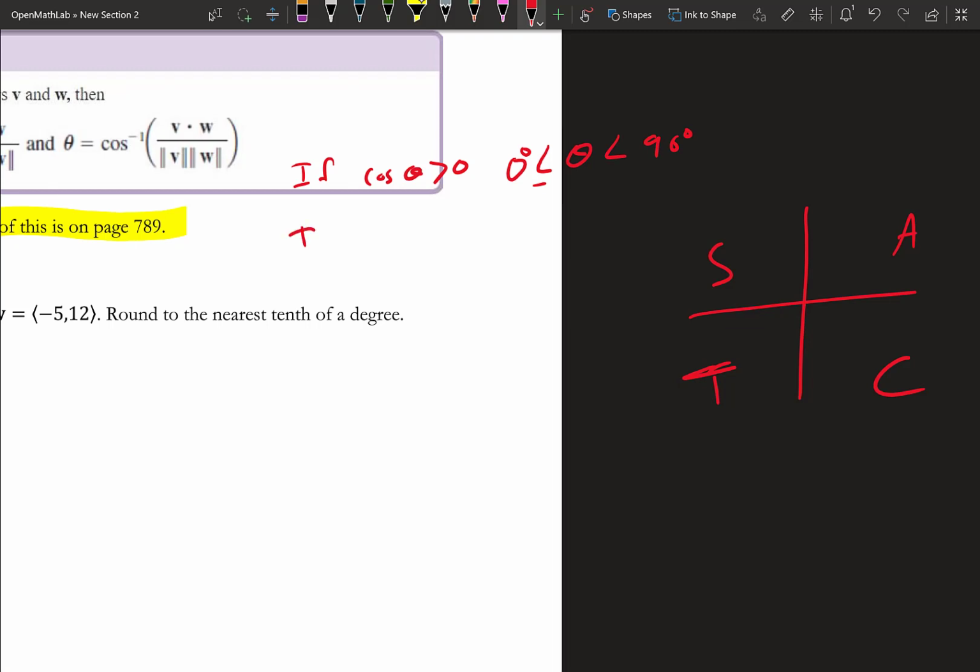If cosine of theta is less than 0, in other words, if cosine is negative, we're going to be in the second quadrant, right? Because the angle between two vectors is going to have to be something between 0 and 180 degrees. So theta would be in between 90 degrees and 180 degrees. And then if cosine of theta actually equals 0, then theta is equal to 90 degrees.